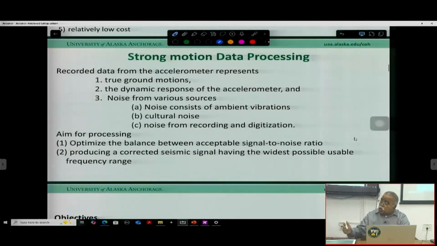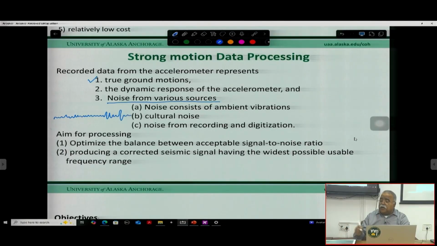So, strong motion data processing. First of all, after you get the data in a strong motion record, we are interested in calculating the true ground motions, right? We also try to understand what noises are associated with the record, because if it is continuous streaming, there will always be some noise coming in. So you can analyze this noise level: what is your noise level before the P wave comes?